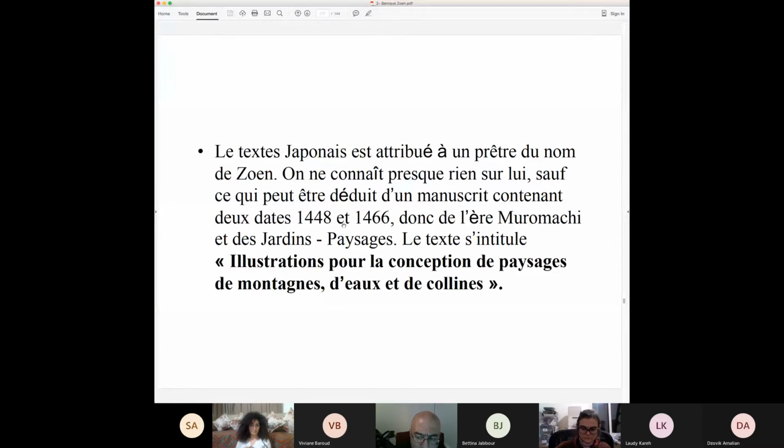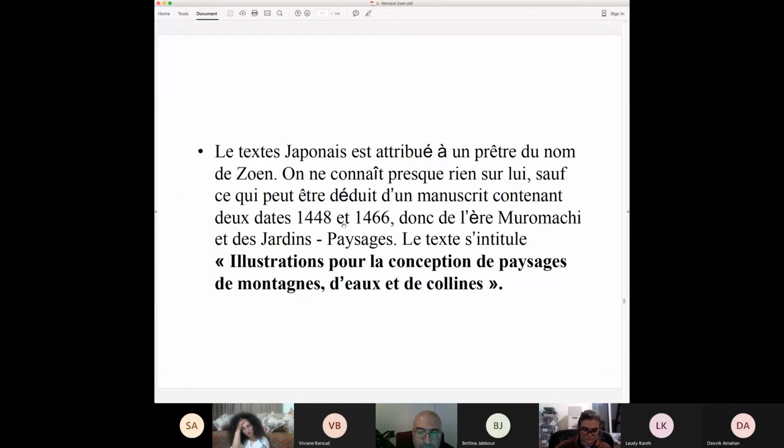What we know is that the manuscript that he wrote contains two dates, the equivalent of 1448 and 1466. Which leads us to believe that this text was written somewhere after 1466, so in the era that's called the Muromachi era of Japan, and what's called the landscape gardens, the Zen landscape gardens.